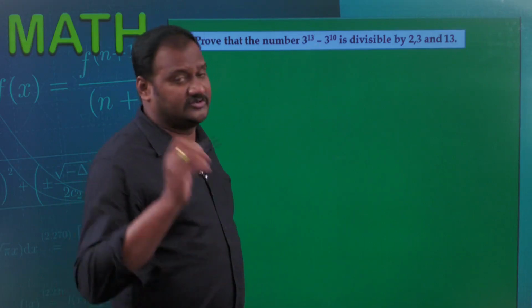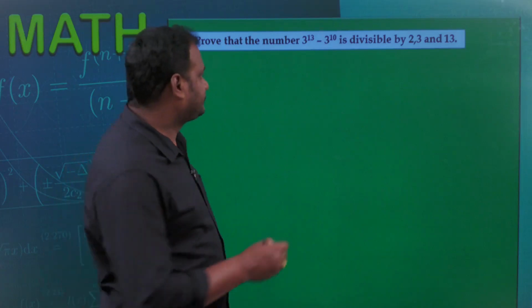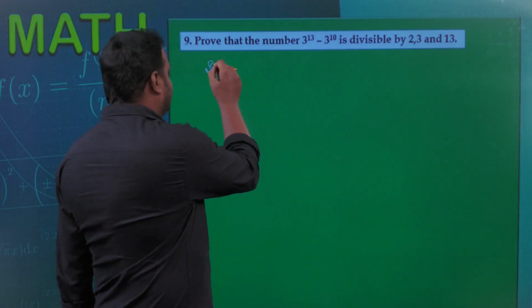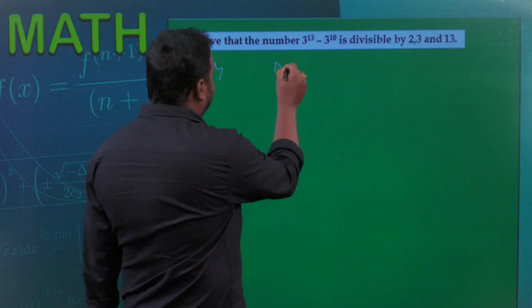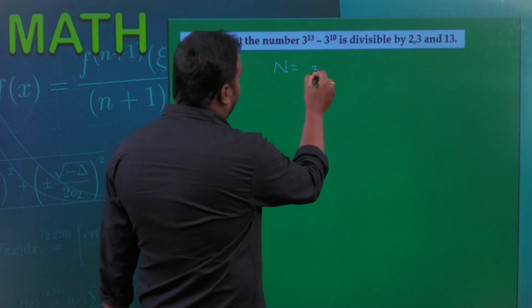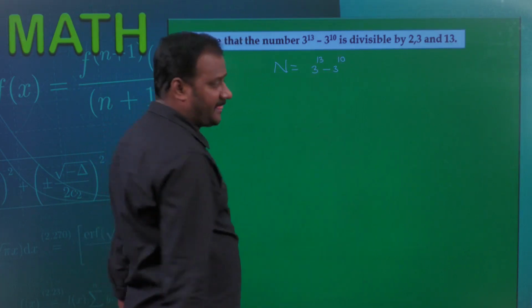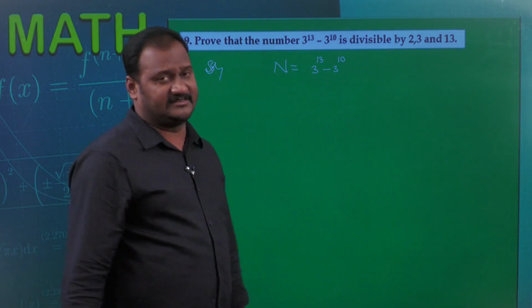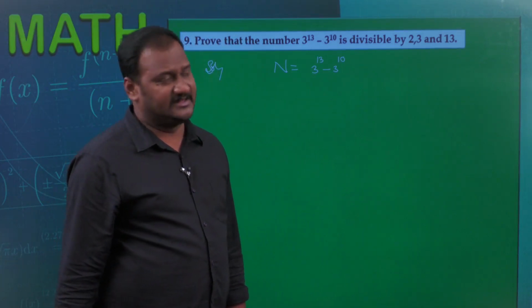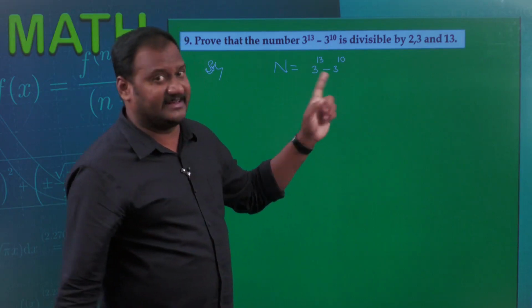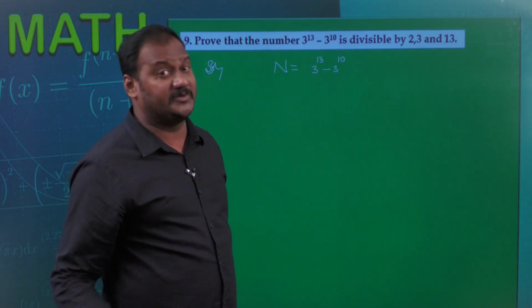But if you use your brain properly, I am writing the given number as n, n equal to 3 power 13 minus 3 power 10. See, both the bases are 3, powers are different. So 3 power 13 is bigger than 3 power 10.